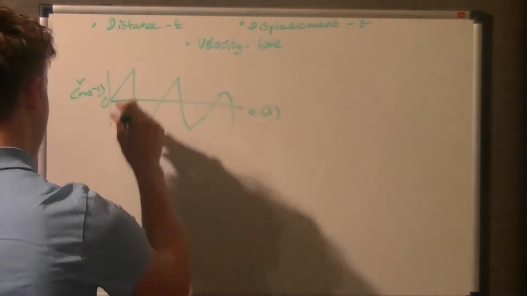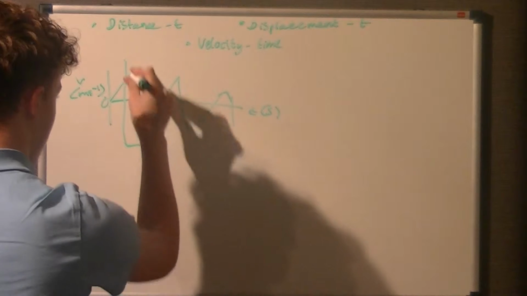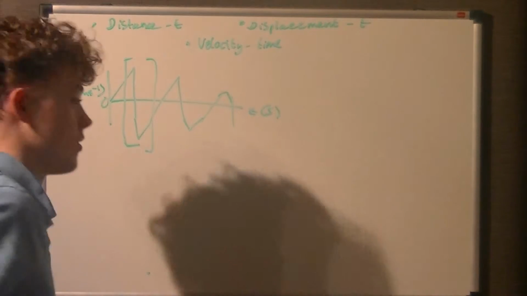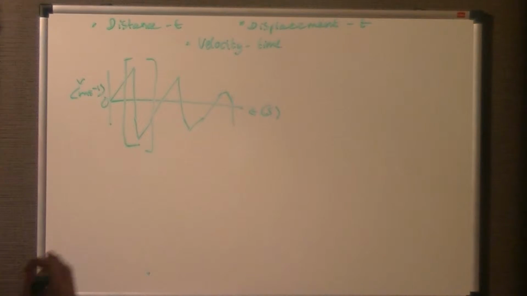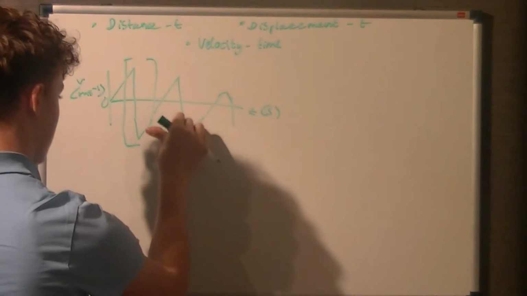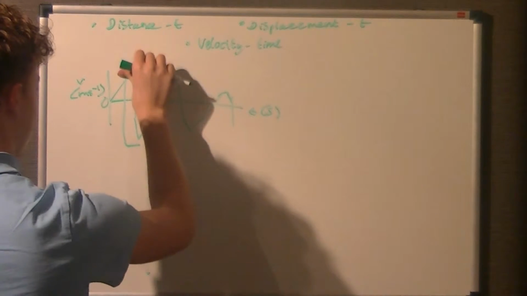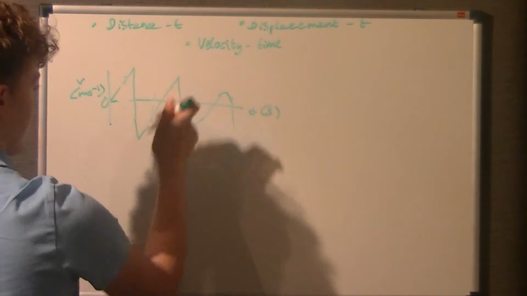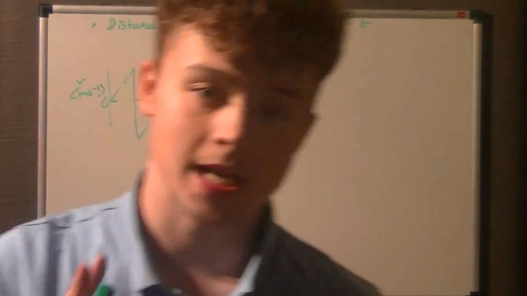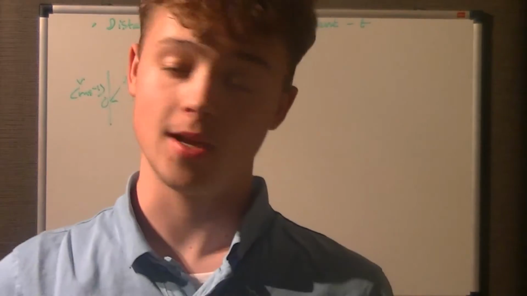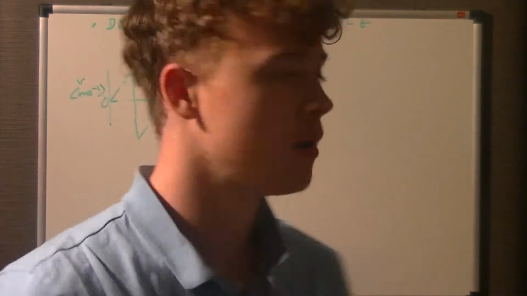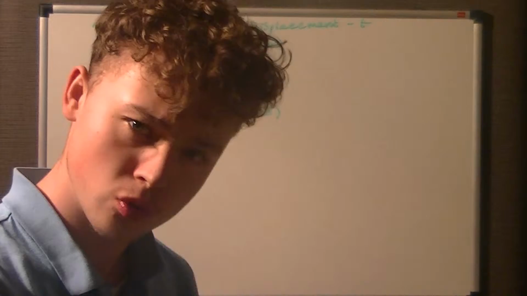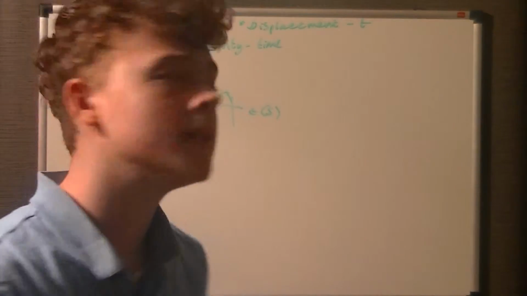So this part here, I don't know if you can see that, but if I go straight down, that's something called infinite deceleration, and that occurs when the change of direction is instantaneous. It just happens to go BAM! Then it goes straight away like that.